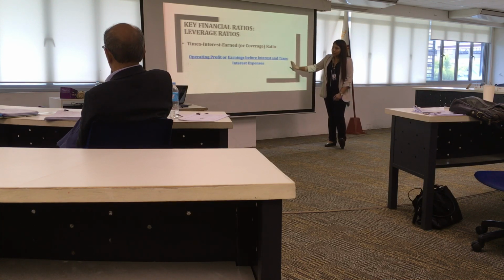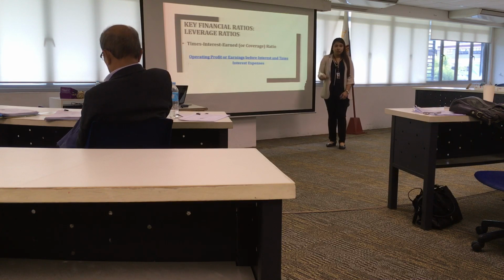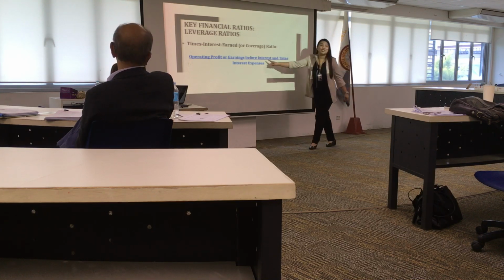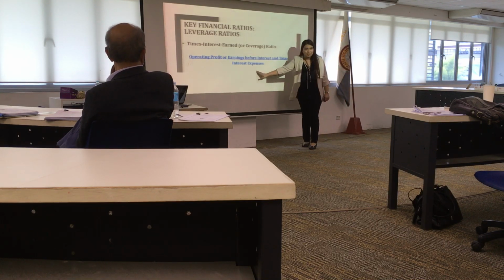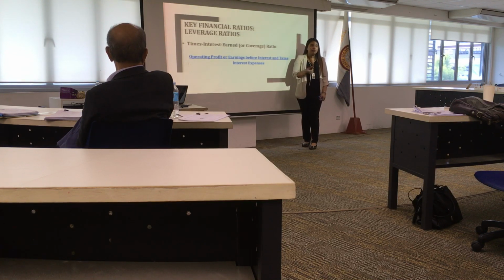Because the times interest earned or coverage ratio tells you how much the company has in order to pay for its interest expenses. What are interest expenses? These are the cost of your long-term debt. If you borrow money, it will have a corresponding cost. The name of the cost is interest expense. Same is true with stocks.